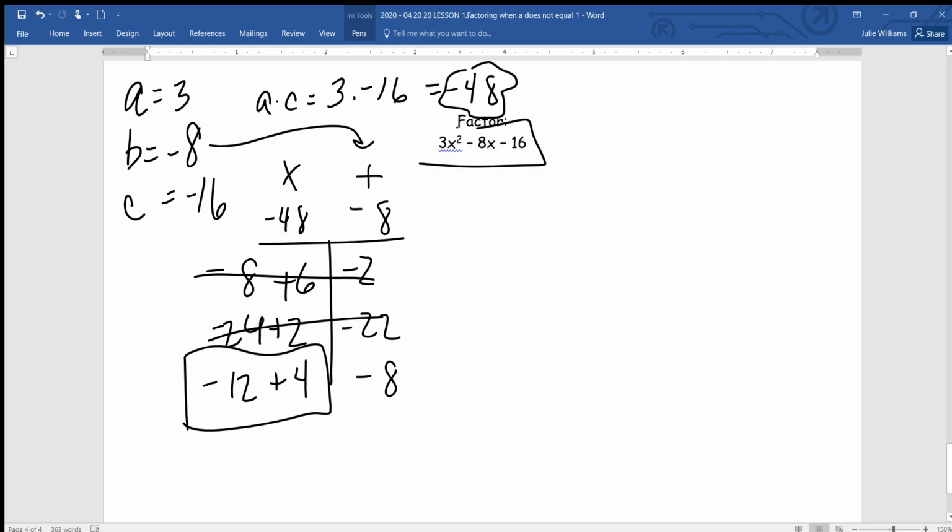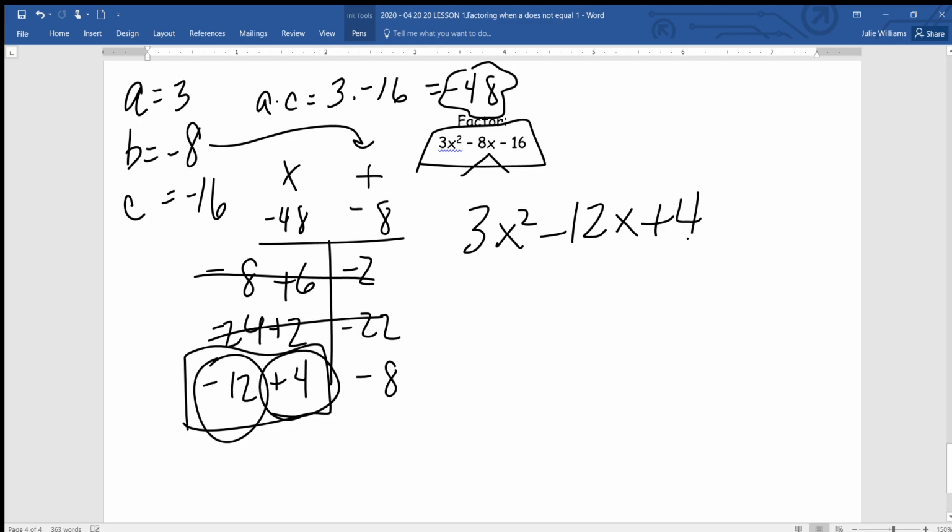Alright, so here's my trinomial. I'm going to rewrite it. 3x squared. I'm going to break the linear term into two linear terms. So it's going to be minus 12x plus 4x, and then we bring down my negative 16.